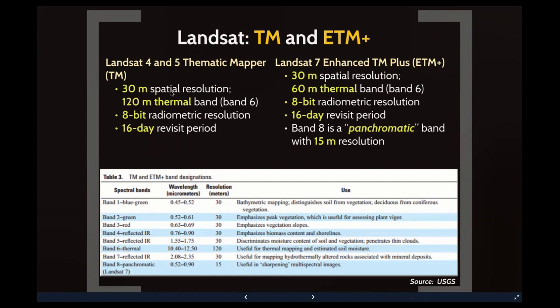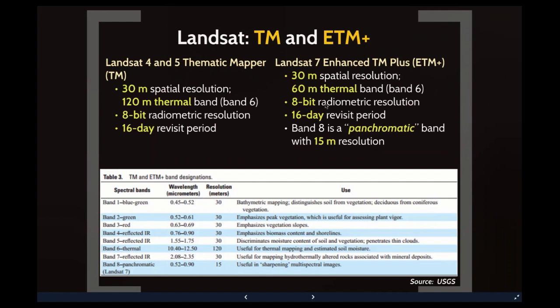For Landsat 4 and 5, it is a 120-meter thermal band, and for Landsat 7 ETM Plus, a 60-meter thermal band. One additional thing Landsat 7 provides is the panchromatic band that has a finer spatial resolution, 15 meters, the same as Landsat 8. The temporal resolution stays the same.